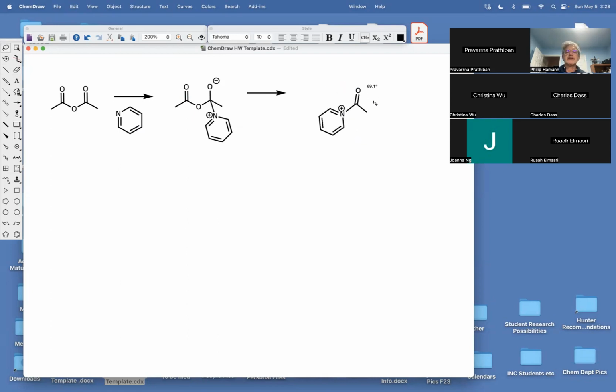Okay, so now we have acetate. And now I would not be picky on this. You could deprotonate with the methanol and then attack, or just attack with the methanol. I see either one of them as not being unreasonable.